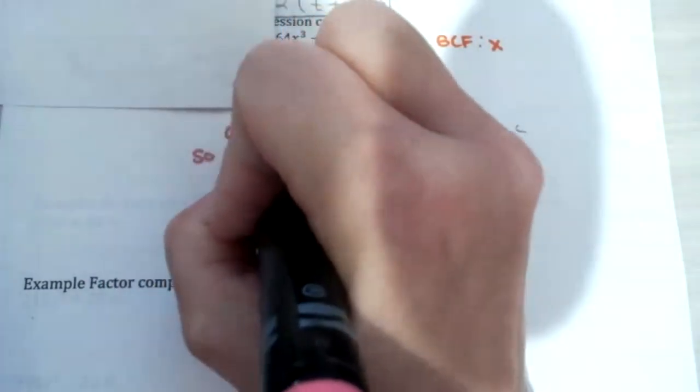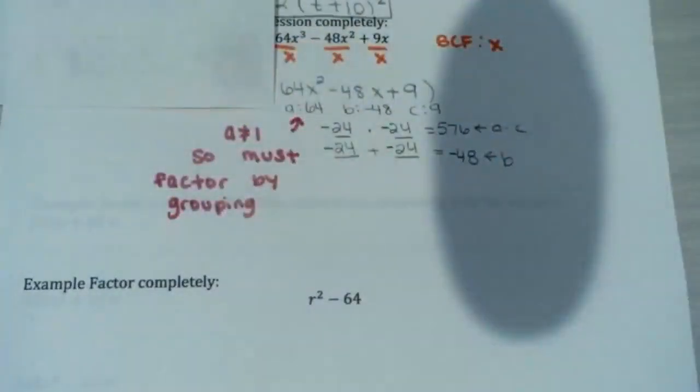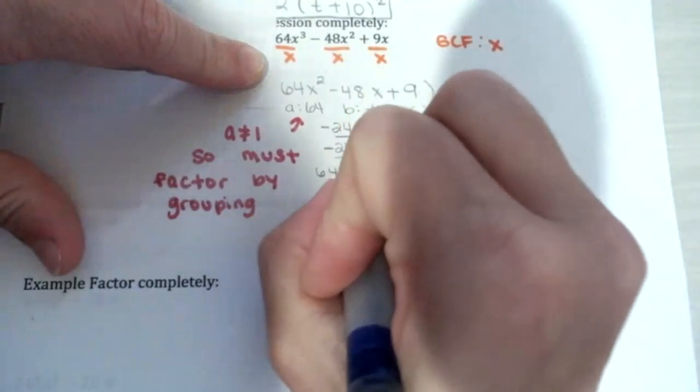Unfortunately, our A value is not 1, so we must factor by grouping here. We can do it, just an extra step or two. Nothing crazy. So let's go for it. 64x squared is going to stay the same.